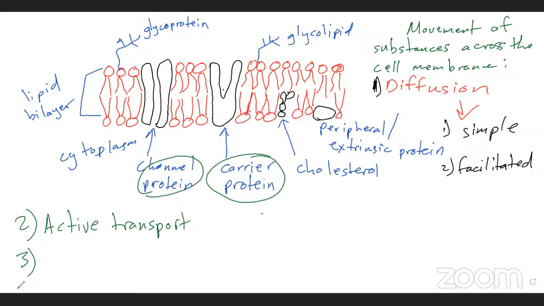Do you know any other means by which things get transported across the membrane? An E word, two E words. Endocytosis, and the next one, exocytosis. Right.